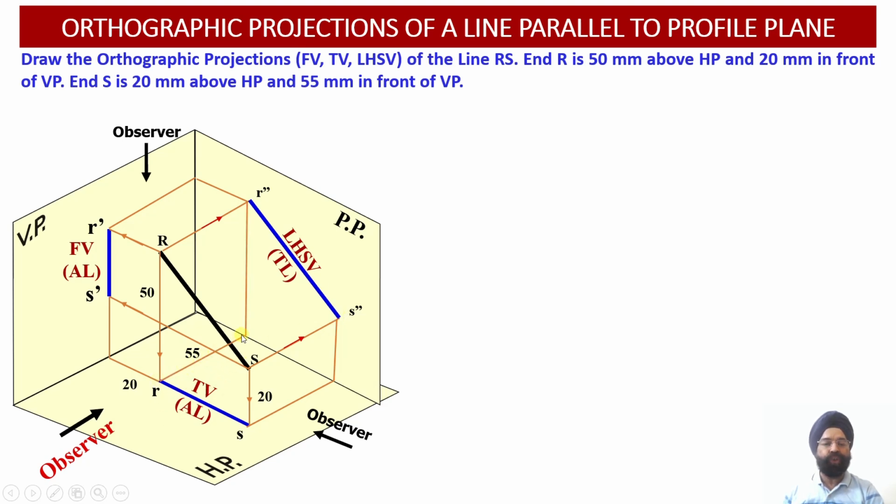Similarly, we need to join these 2 projectors as well, so that we are able to establish the relationship between the top view projection corresponding to the point R and the side view projection corresponding to the point R over here. So this way we have been able to complete the left hand side view, front view and top view projections, and we have also established the relationship between the front view, top view and side view projections of this line RS over here.